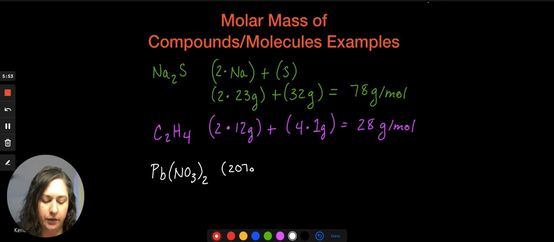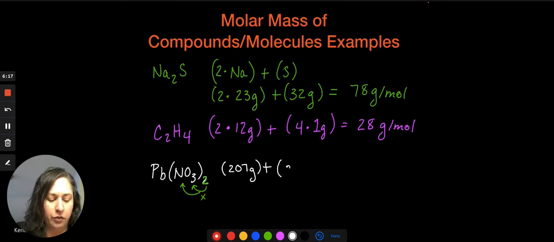Then we have to distribute this 2, so we multiply it by the 1 nitrogen. Nitrogen is going to be 2 times the mass of nitrogen, which we said earlier was 14 grams per mole. And then finally for oxygen, it has to be 6 times oxygen.